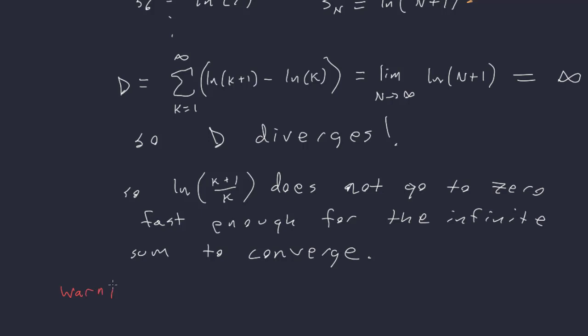So warning: for the series of a_k, it's not enough for just the a_k's to go to 0. They have to go to 0 really fast.